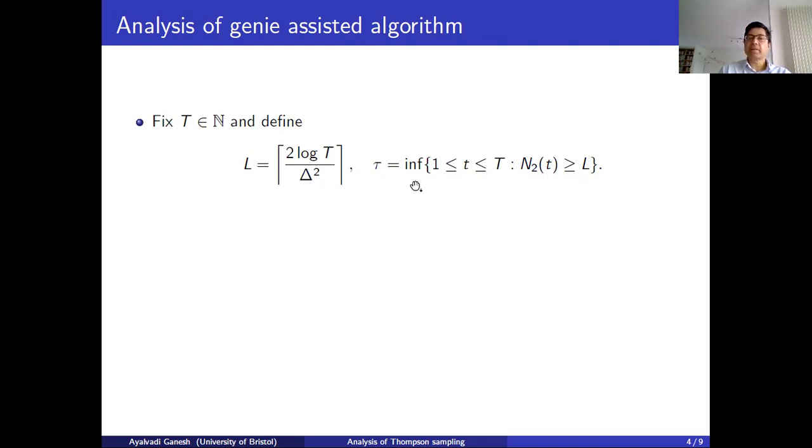And by convention, the infimum of an empty set is taken to be plus infinity. That won't matter to our analysis. So you can just think of tau as the first time that arm 2 has been played at least L times, which may happen after capital T and which may even never happen.